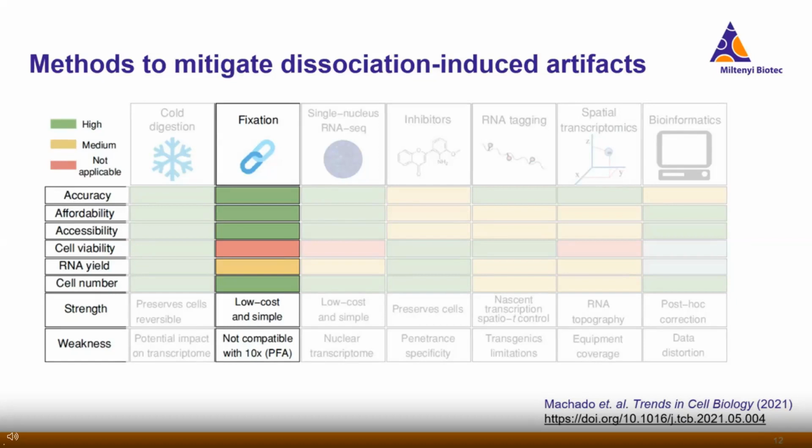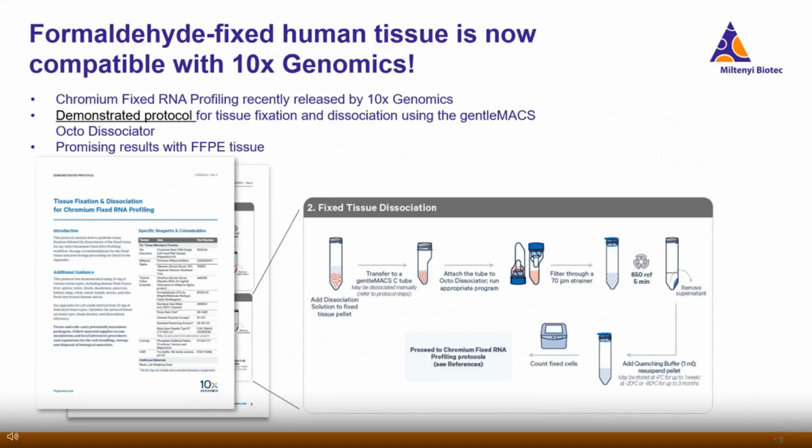Really, the biggest weakness of tissue fixation with PFA was that until very recently, it was not compatible with most single cell sequencing chemistries or 10x Genomics. However, that changed. Very recently, 10x Genomics launched their Chromium Fixed RNA Profiling kit, which is compatible with formaldehyde-fixed human tissue.